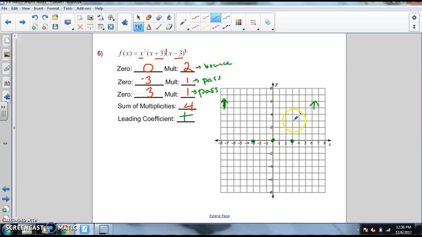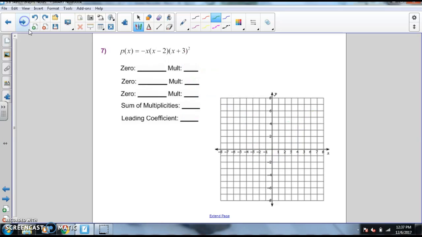So I'm going to start here. We're going to pass through here. And then to get back to our 0, we're coming back up, and that actually bounces off there. And then goes through my other side. So there's a really rough sketch. Something along those lines is perfect. Make sure both your arrows are going up on the sides. Make sure you pass through, bounce off, pass through, and you are good.